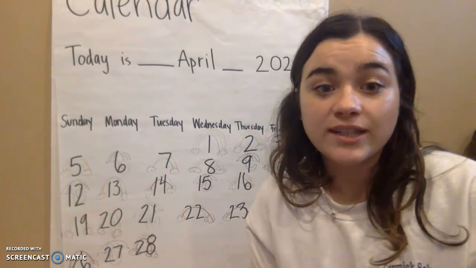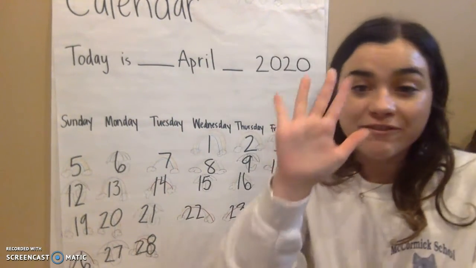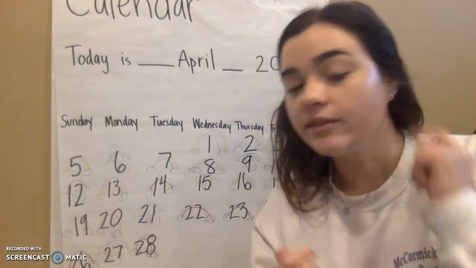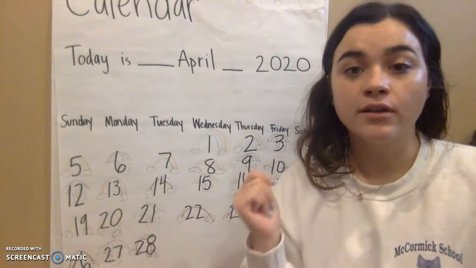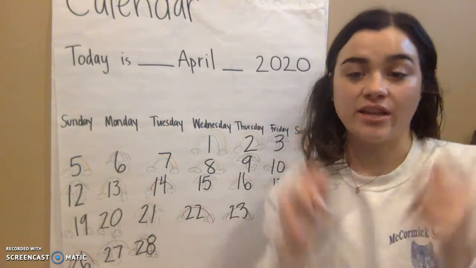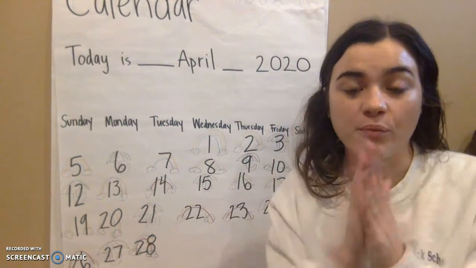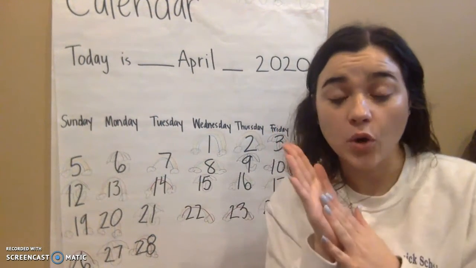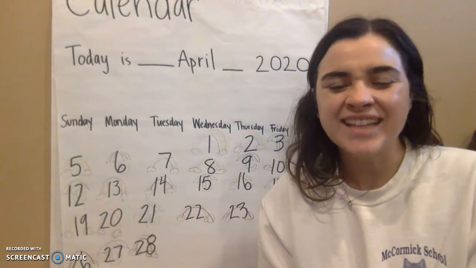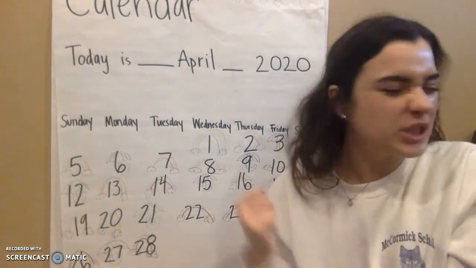For science and social studies today, we're going to talk about the 5 senses again. Our 5 senses are hearing, seeing, smelling, tasting, and touching. So what does something feel like when we touch it? Is it hot? Is it cold? What does something taste like? Is it chewy? Or is it tough?